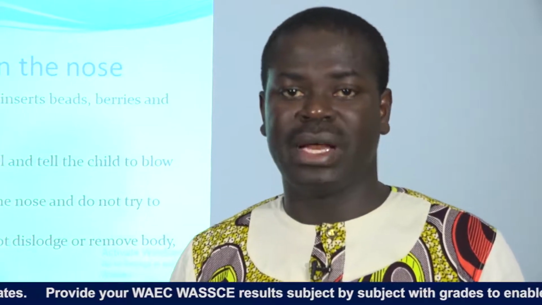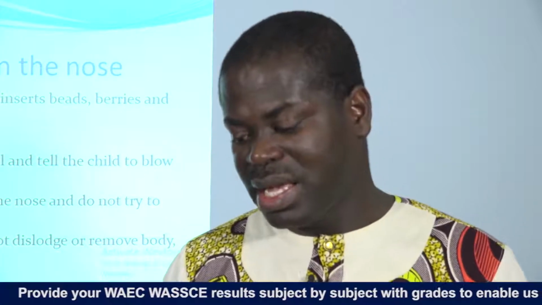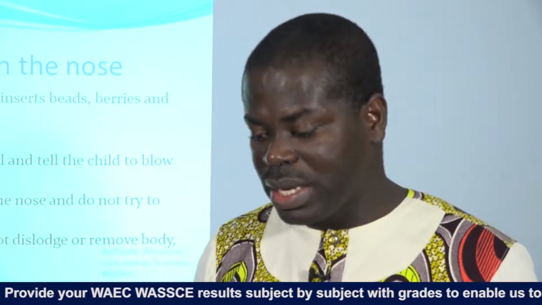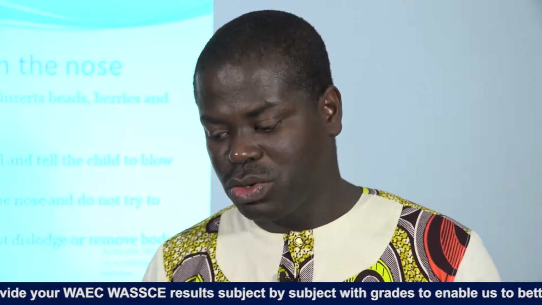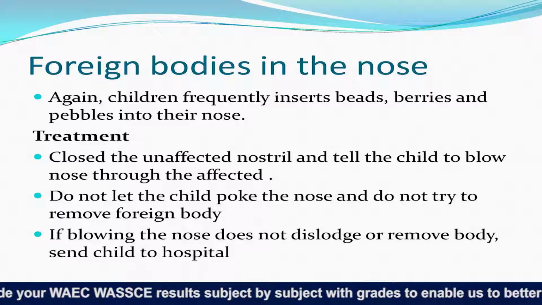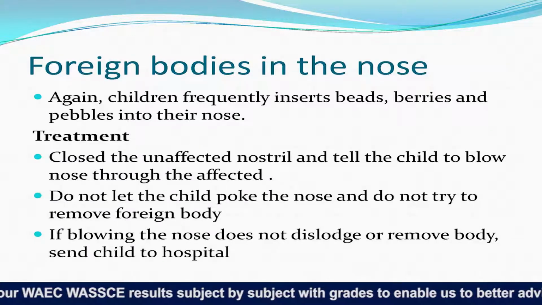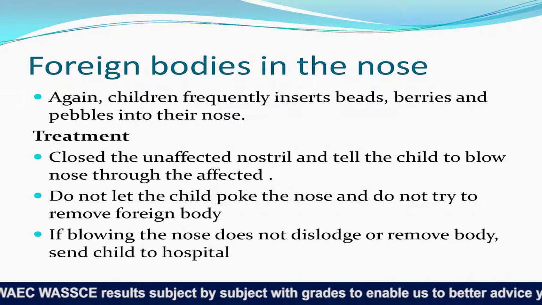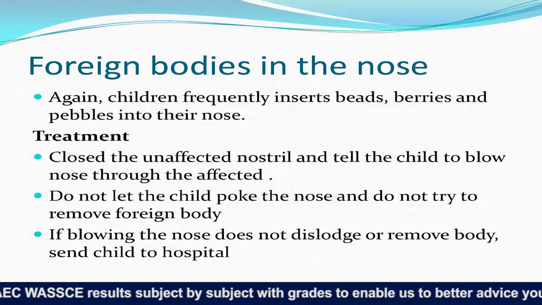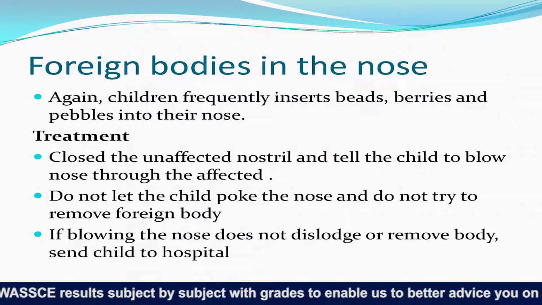So by the time you realize, they might have inhaled the thing deeper, and it has even gone into the respiratory tract much deeper. So you make no attempt to remove it. Close the unaffected nostril and tell the child to blow the nose through the affected one. Do not let the child poke the nose and do not try to remove the foreign body. If blowing the nose does not dislodge the body, send the child to the hospital.